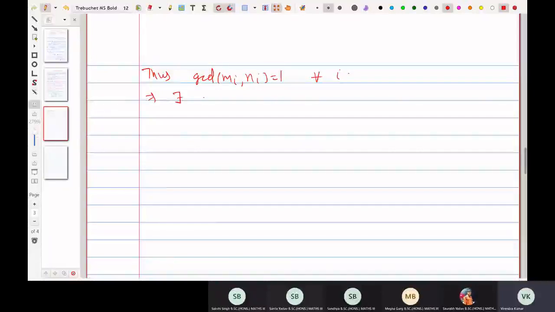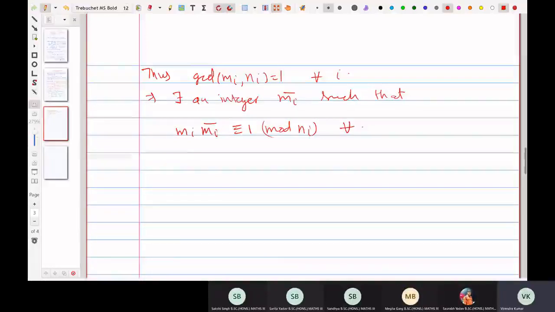This implies that, because they are relatively prime, there exists an integer m_i bar such that m_i bar times m_i is congruent to 1 modulo n_i, and this is true for all i.